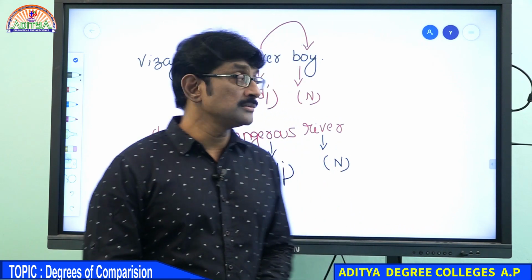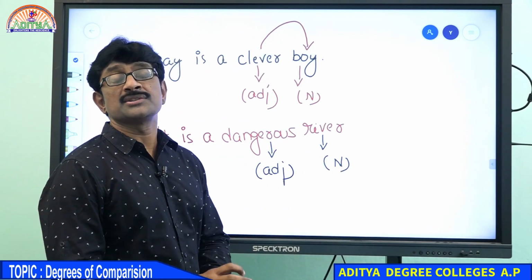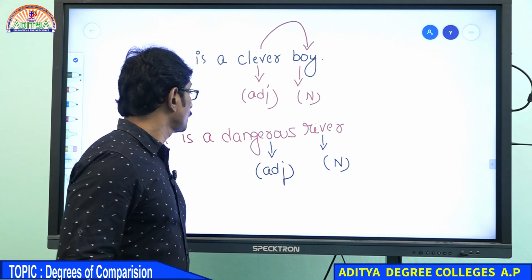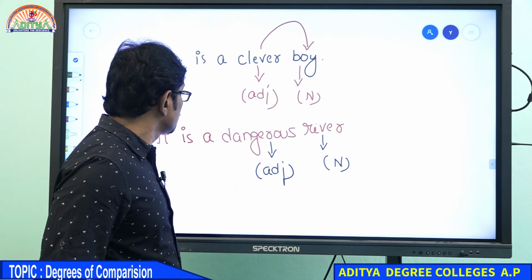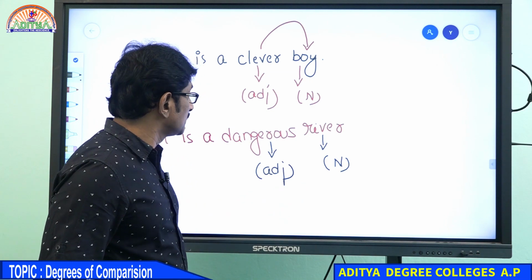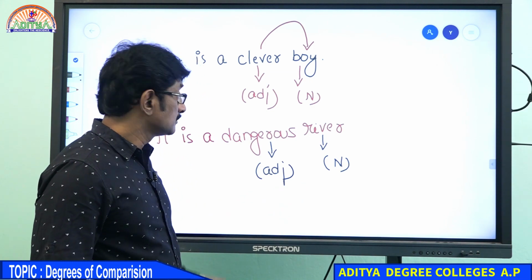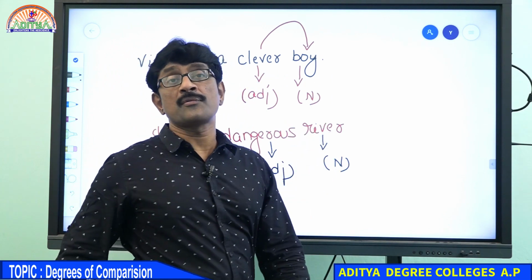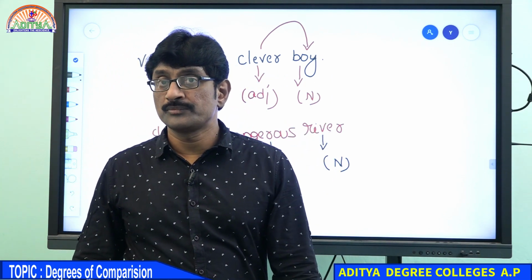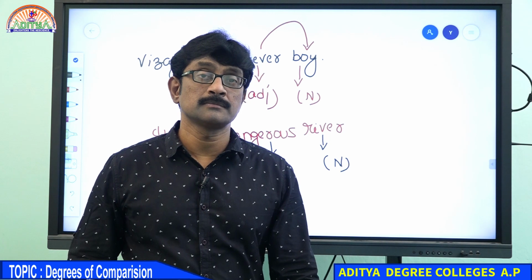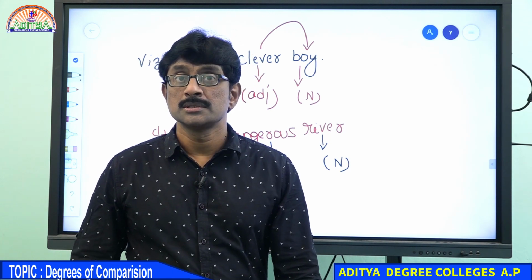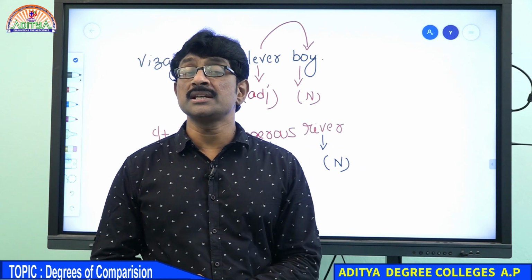River is a noun and dangerous is an adjective. That's it. Okay, students? It is a dangerous river if we write. Dangerous is an adjective, the characteristic of the river. We can understand like this.